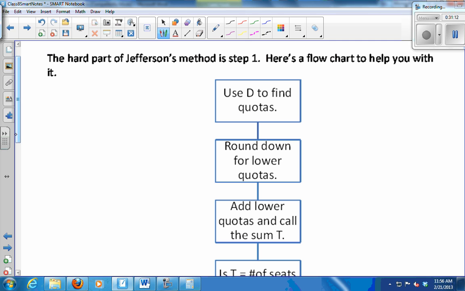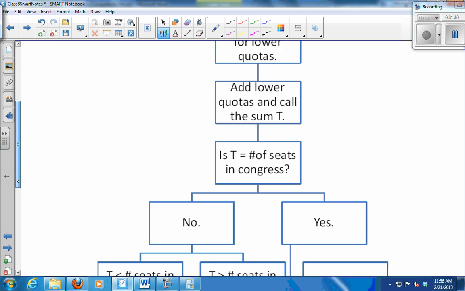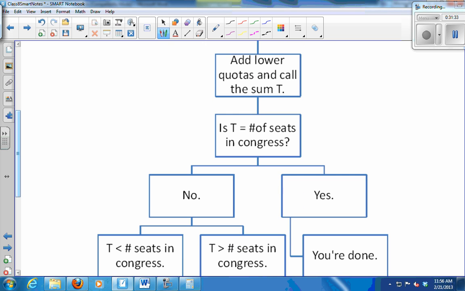So this is a little flow chart to help you with that hard step of finding the divisor D. So use the current D, usually start with the standard divisor, to find the quotas. Round down for the lower quotas, add them all up. If the sum of those is the number of seats in Congress, you're done.